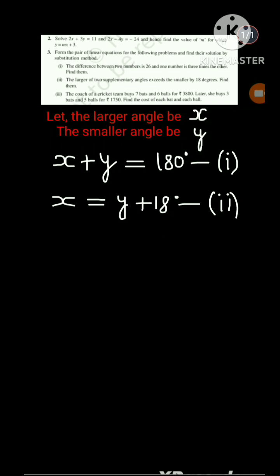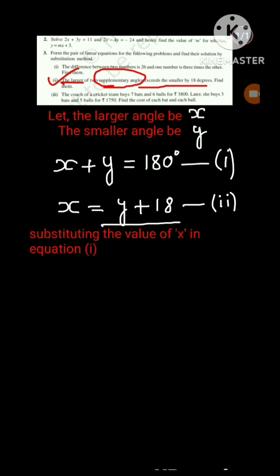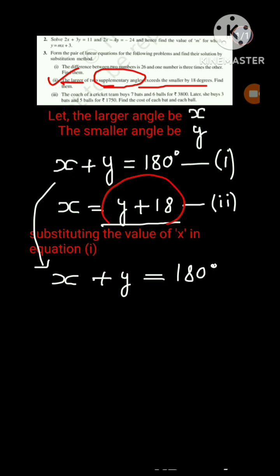And here simply we can put the value of x, whatever we have obtained in equation 2, in equation 1, so that we will be able to get the value of y, right? So here we have obtained x equal to y plus 18. So just put this value in equation 1. Our first equation is x plus y equal to 180 degree, and here we have obtained x equal to y plus 18.